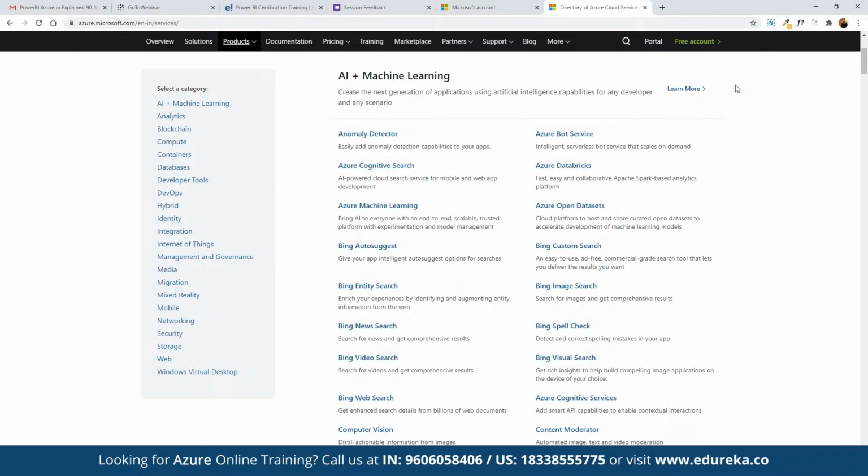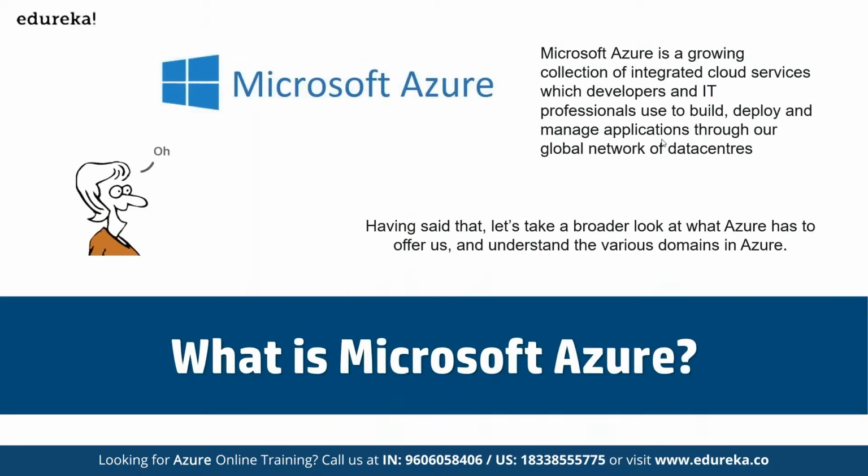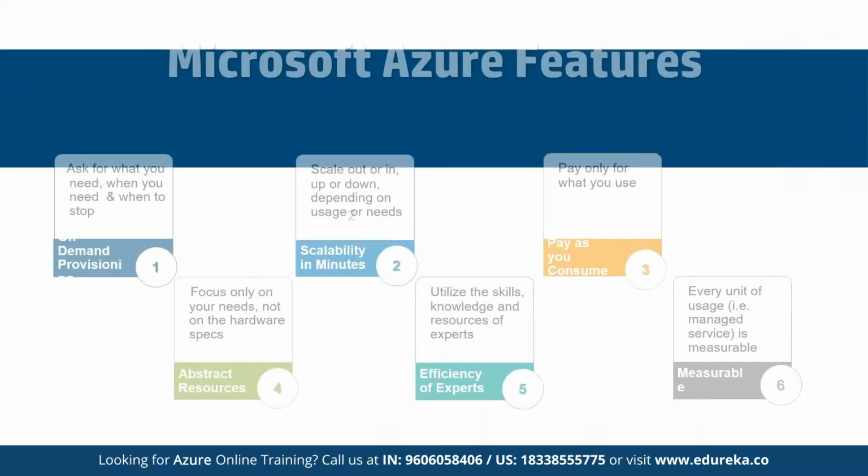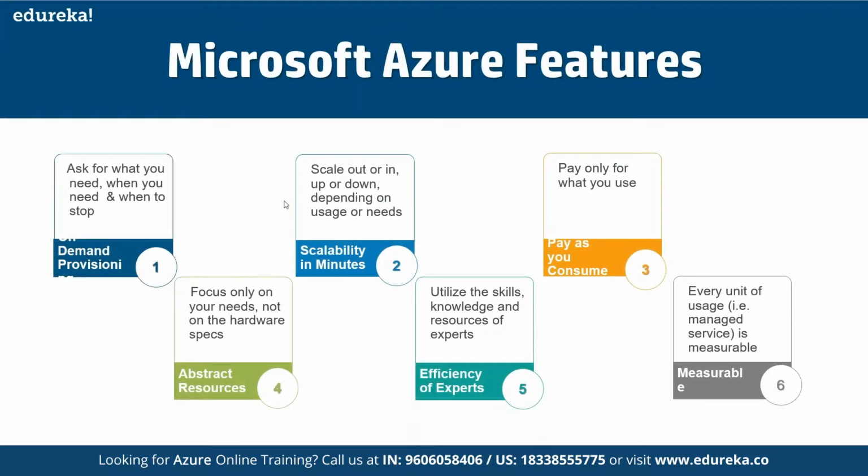AWS currently offers almost 175 services, whereas Azure offers more than 200 services. All right, so Azure, as you know, is one of the leading platforms for cloud computing through which we can choose multiple services and different categories, and then we can get started.